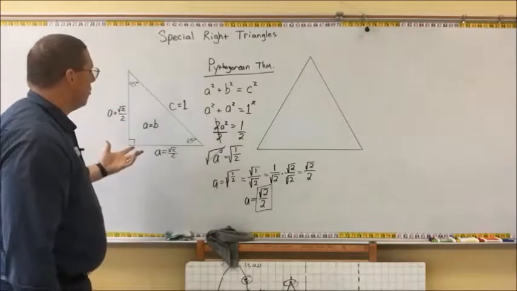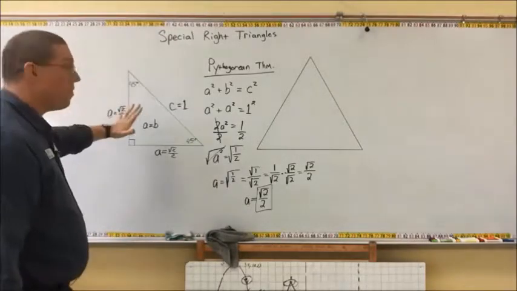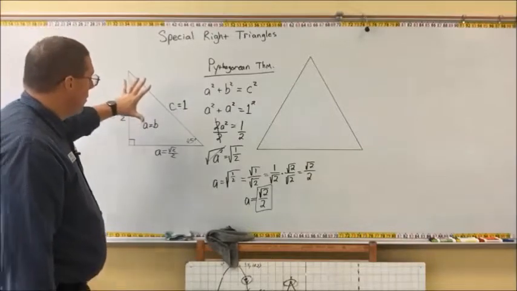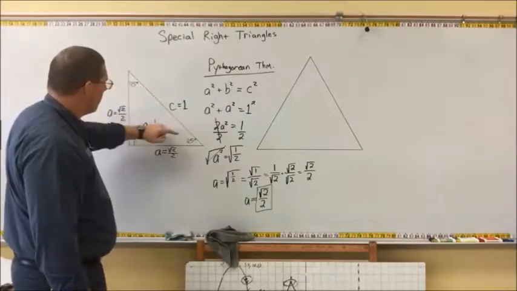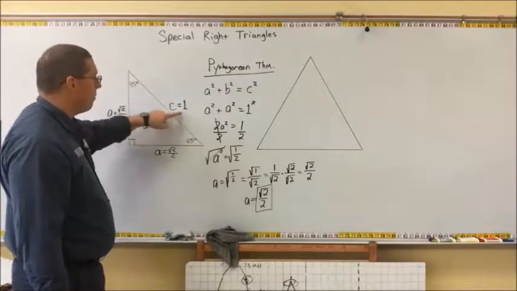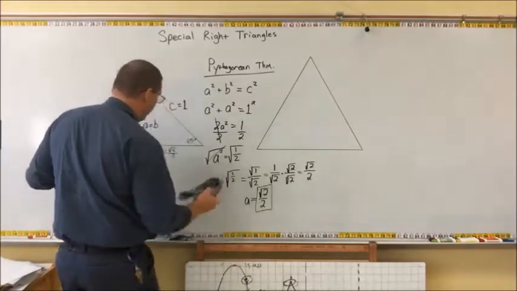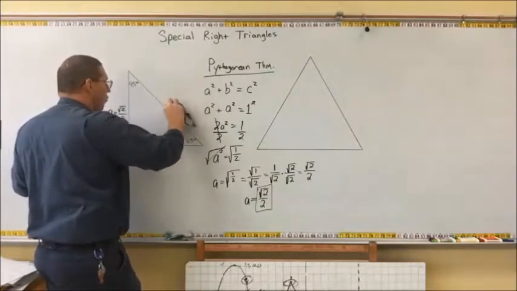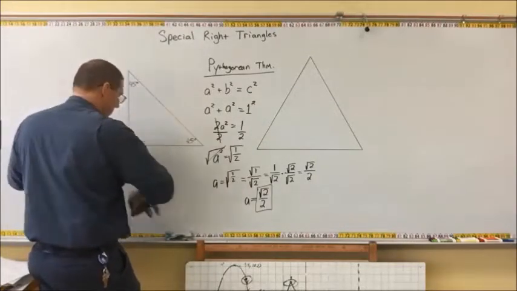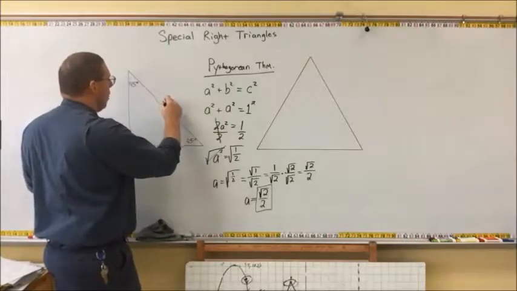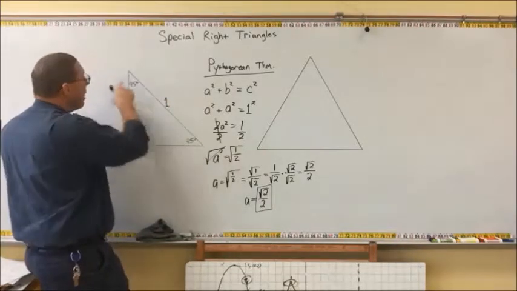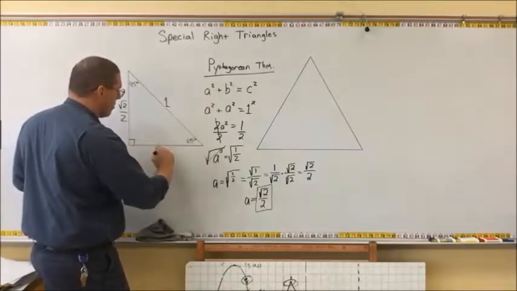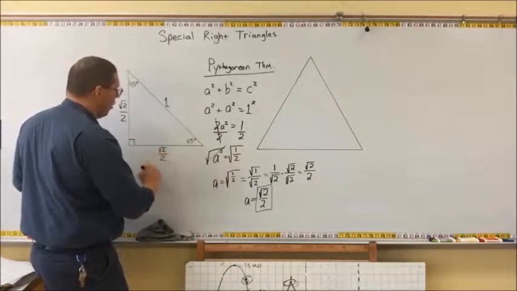And here's what I want to show you, is that this special right triangle, this 45, 45, 90 triangle that has a hypotenuse of 1, I'm going to get rid of a lot of this notation here, is a triangle whose hypotenuse is equal to 1, whose height is equal to the square root of 2 over 2, and whose base is equal to the square root of 2 over 2.